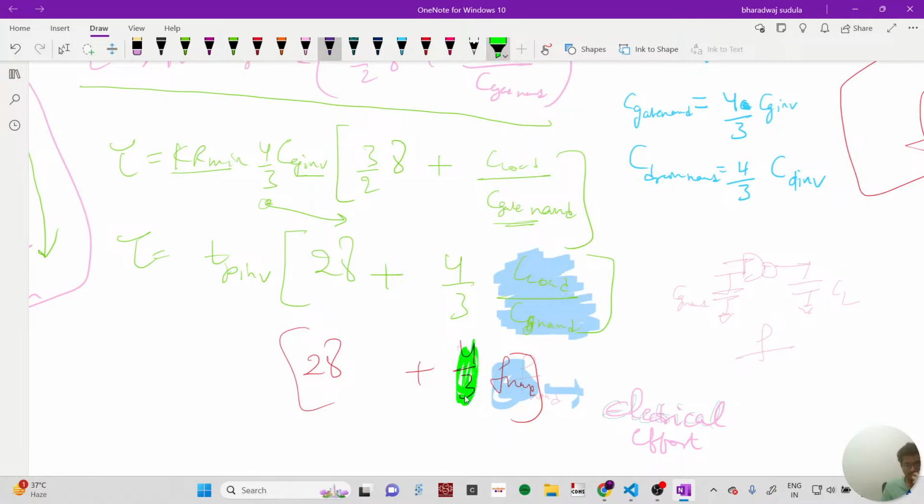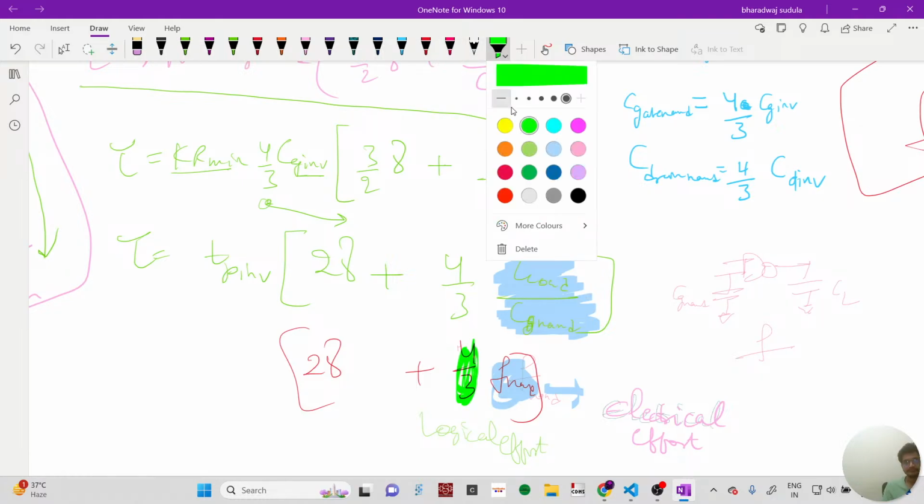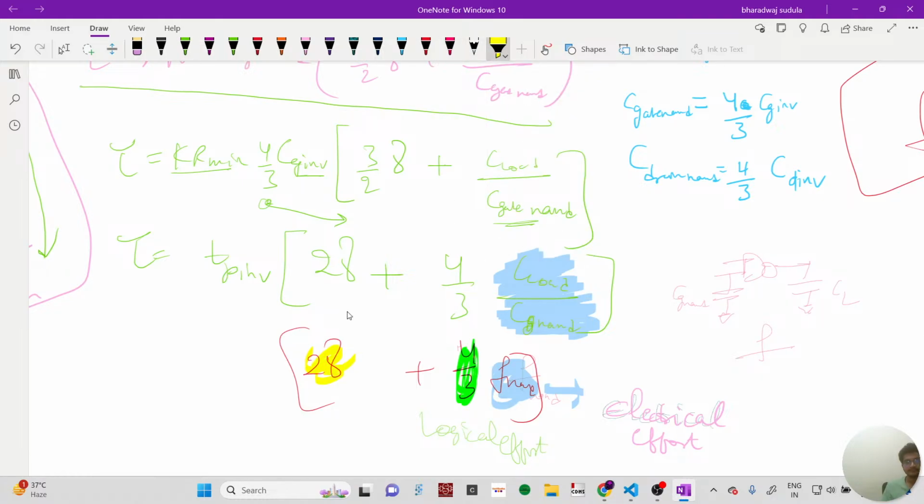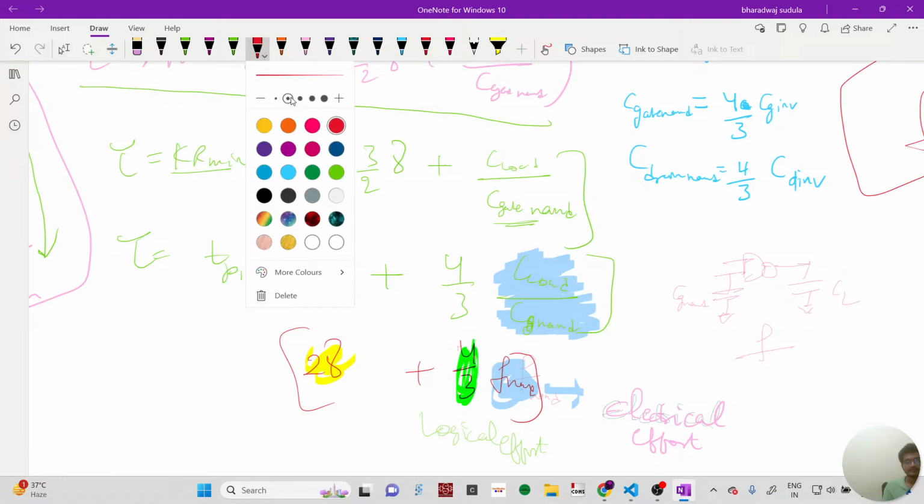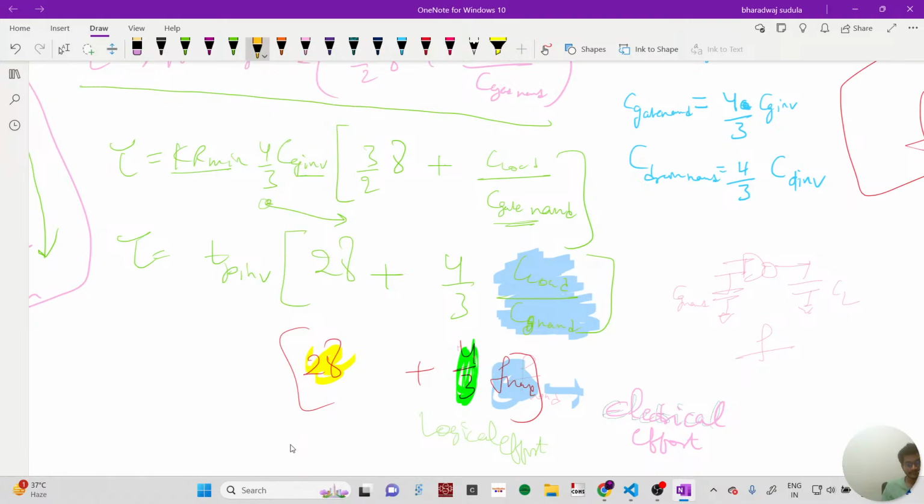And this is considered as logical effort. And gamma is considered as parasitic effort, correct?